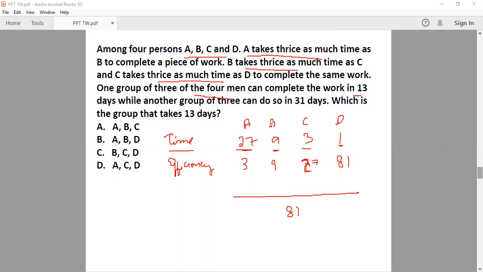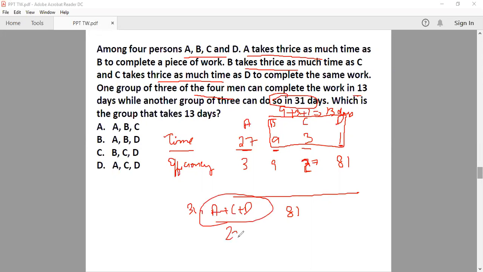You can clearly see the sum B plus C plus D, 9 plus 3 plus 1, is giving me the value of 13 days. And if you are asked which group can work in 31 days, 31 would be A plus C plus D, 27 plus 3 plus 1, 31 days, right?